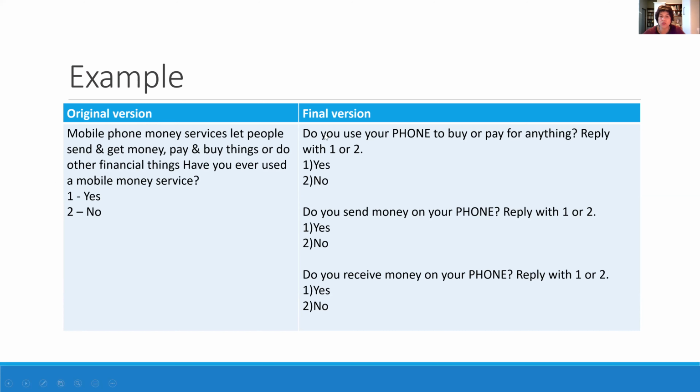In our final version, we deconstructed it into 3 completely different questions. Do you use your phone to buy or pay for anything? Do you send money on your phone? And do you receive money on your phone? Sarah can share with you the process of the different rounds, how we changed every time.